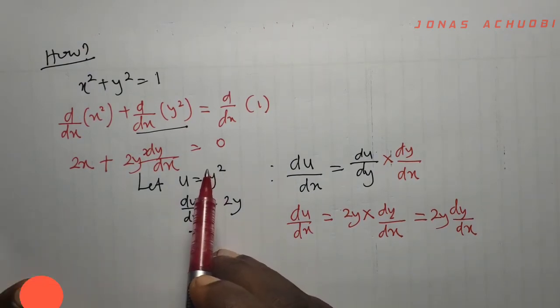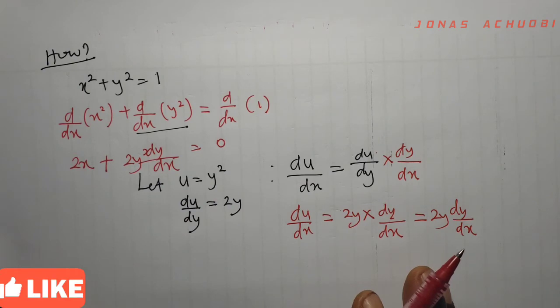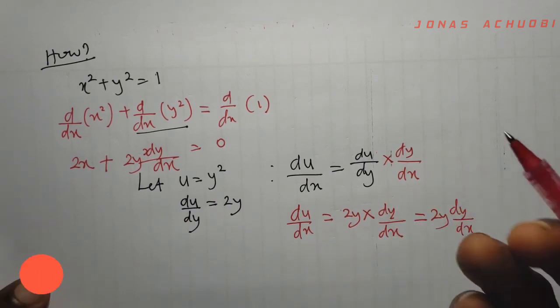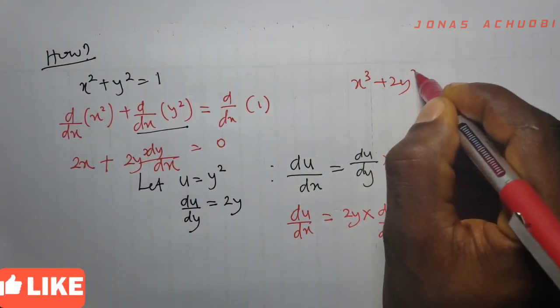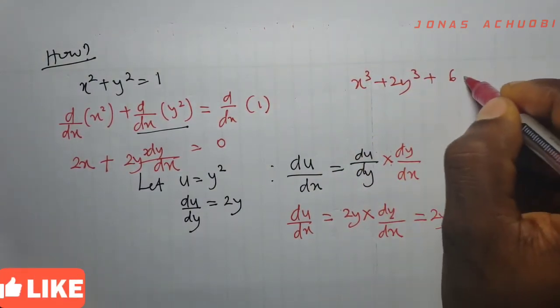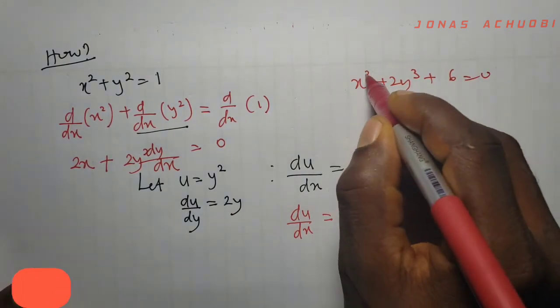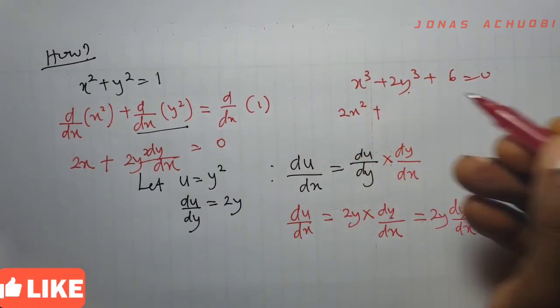We'll stop there for now, because we just want to know how to differentiate implicitly. To clarify further, suppose we have another function, say x cubed plus 2y cubed plus 6, and you want to differentiate implicitly. When you differentiate the first term, you get 3x squared. When you differentiate the next term, what do you get?